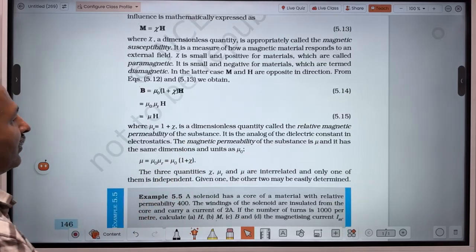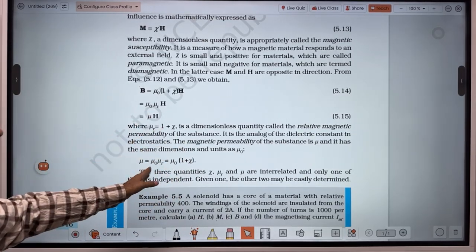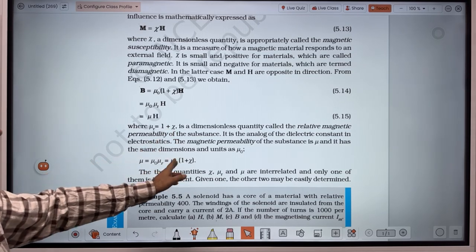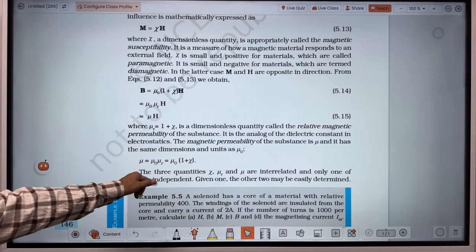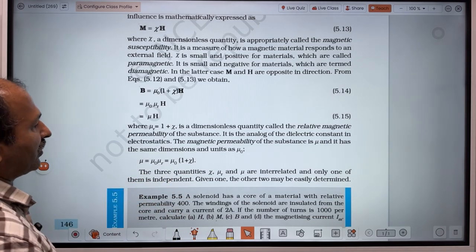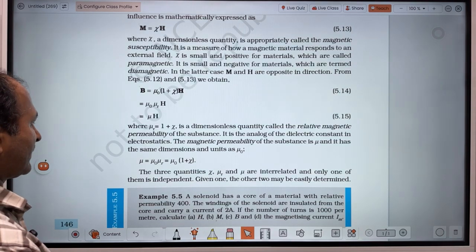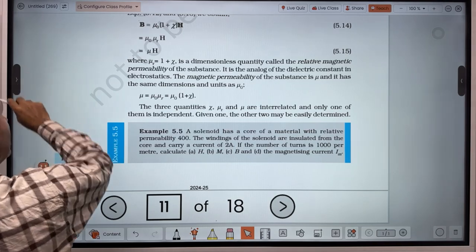And then we define mu equal to mu naught times mu r, which is mu naught times 1 plus chi, and on the basis of these values we will categorize the different types of materials in the next section. Before that, we are going to see this numerical.